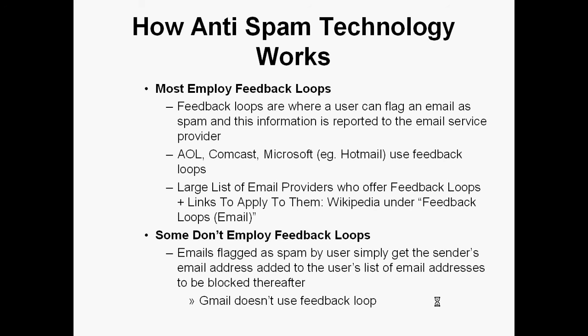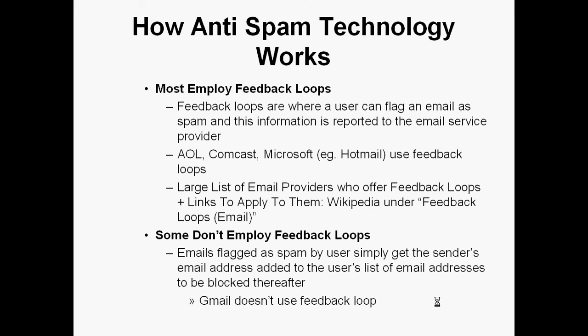Now, most of these use a feedback loop. A feedback loop is a system where the user, when they receive an email with any of these providers, can click the mark as spam button that flags the email.